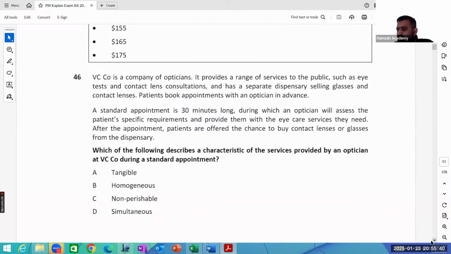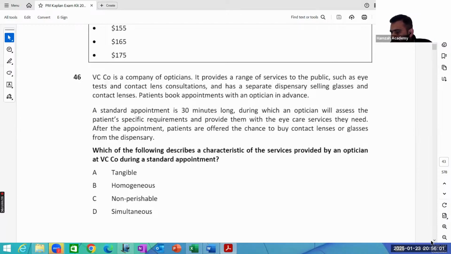Okay, which of the following describe the characteristics of the services provided by an optician at VC company during the standard appointment? We're talking about services.